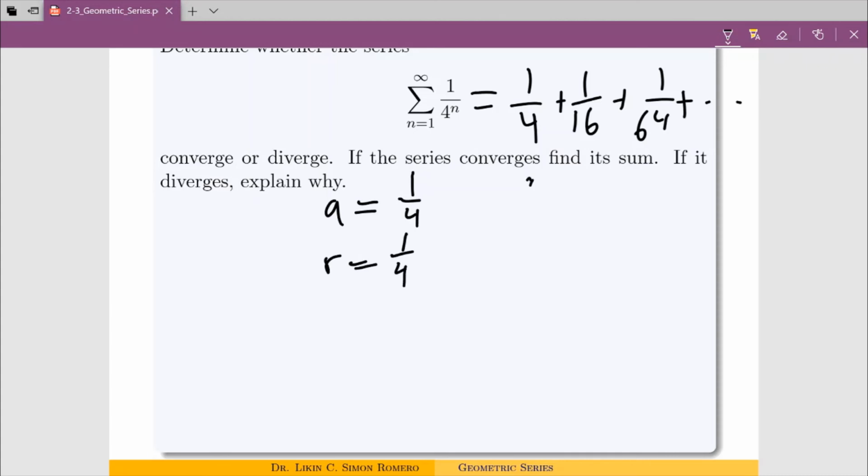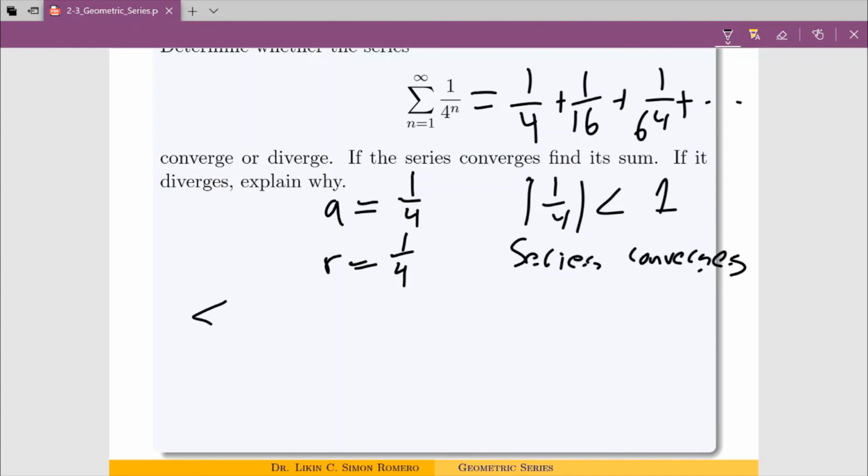So because the absolute value of 1/4 is less than 1, the series converges. And if we want to figure out what the sum of the series is, once again, we can use our formula.